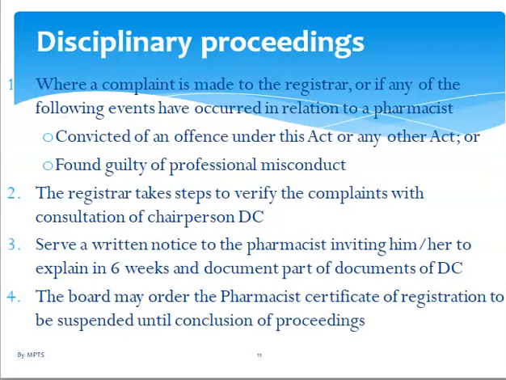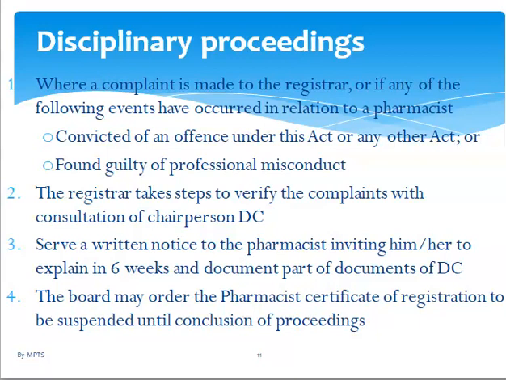Now, of course, the disciplinary proceedings: where a complaint is made to the registrar, or following a conviction of a pharmacist under this law or any other act, that is what I've talked about above. You are convicted under the penal code, or found guilty of professional misconduct, which is under the PDA.